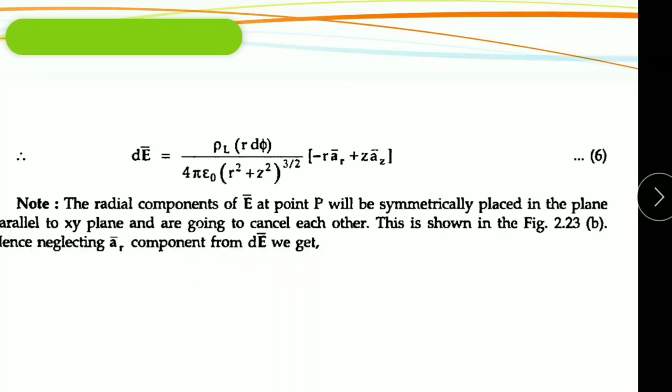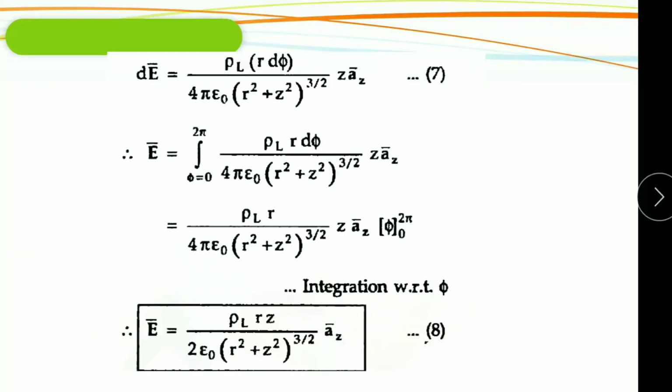That means in this equation we remove the minus r aR bar value, so only the z component remains. The expression for dE bar is equal to rho L r d phi over 4 pi epsilon naught (r square plus z square) whole power 3 by 2, times z aZ bar.